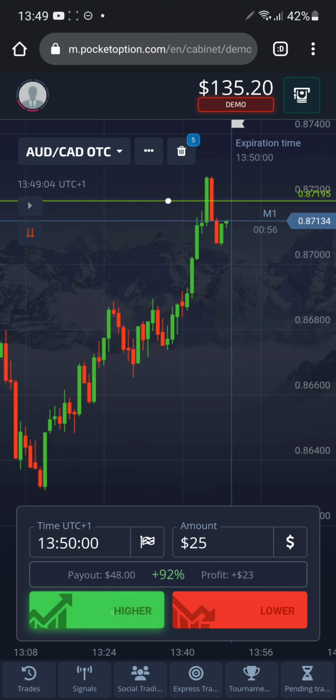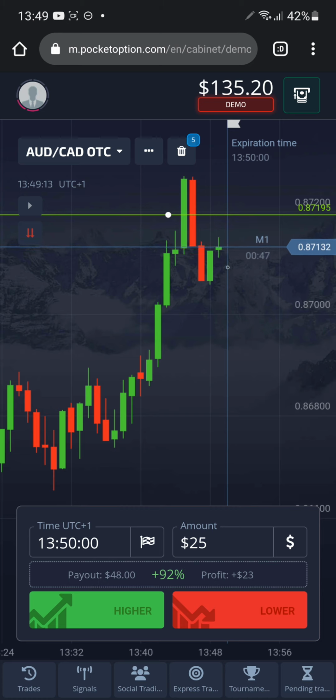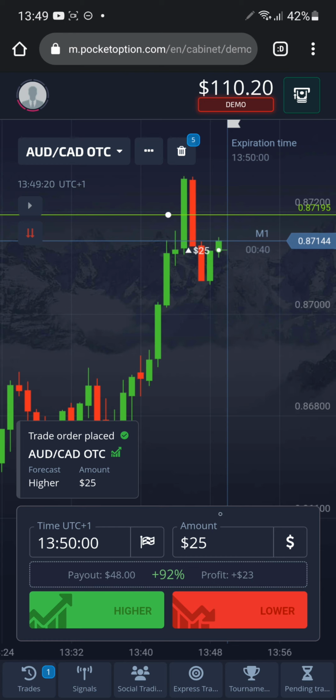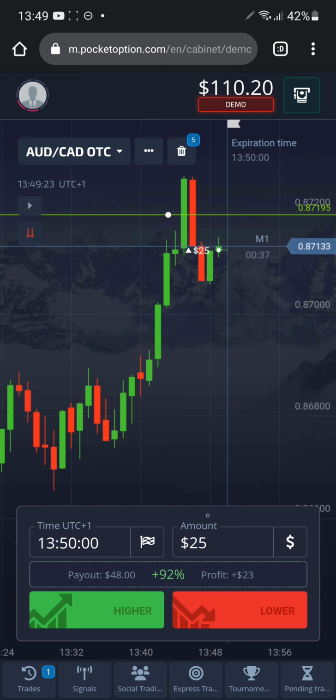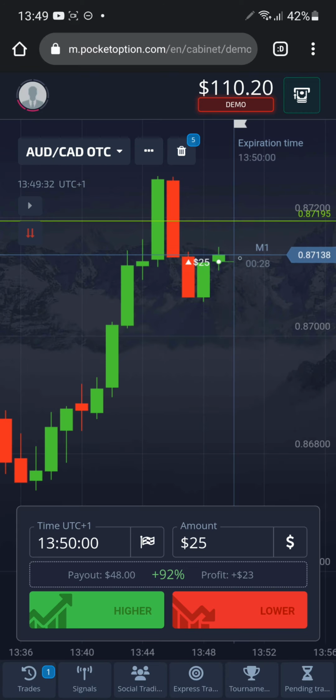Now these two green and red buttons, they are your entry. For example, if you want to enter this trade now, if you are forecasting that this price will go up, you click this green button, and based on the amount that you have chosen here, it will enter the trade for that amount. And if by the time this timer has ended, the price remains above this area that is marked for you, you are in profit.